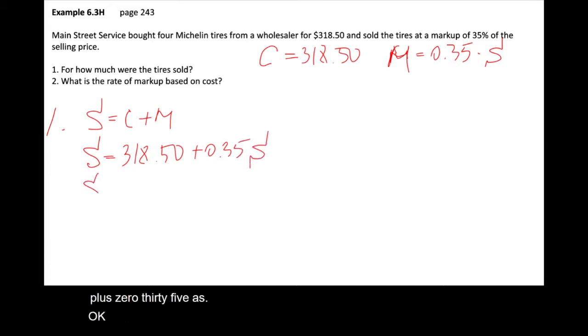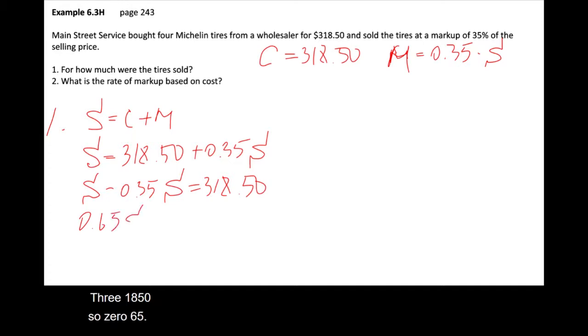Okay, algebra. So 0.65S is 318.50. S is 490. Yeah, that's the one.